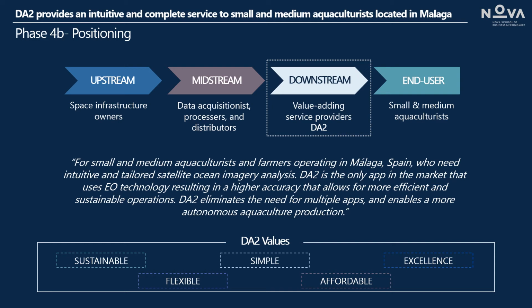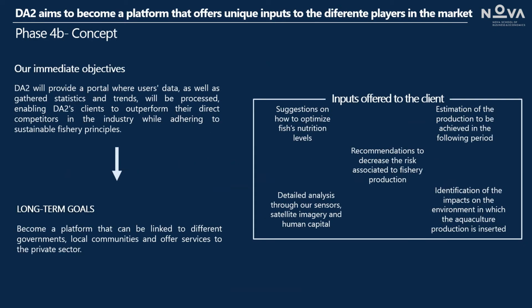For small and medium aquaculturists and farmers operating in Malaga who need intuitive and tailored satellite ocean imagery analysis, DA2 is the only app in the market that uses EO technology, resulting in higher accuracy that allows for more efficient and sustainable operations. DA2 eliminates the need for multiple apps and enables a more autonomous aquaculture production. And this is our concept.